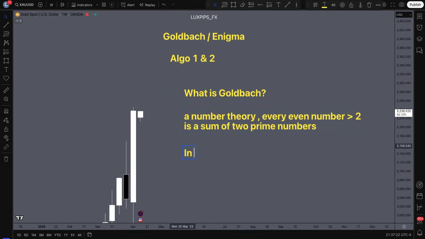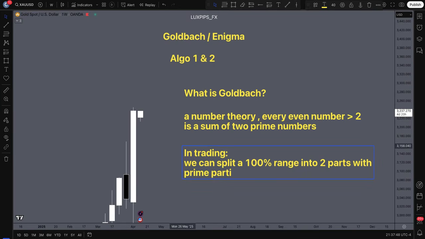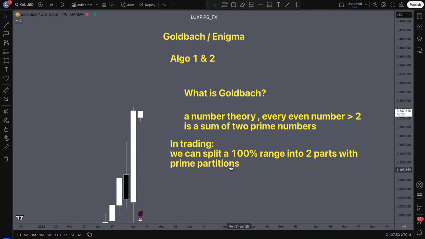So in trading, we can split a 100% range into 2 parts with prime partitions. And these partitions are a way to potentially identify a meaningful price level.